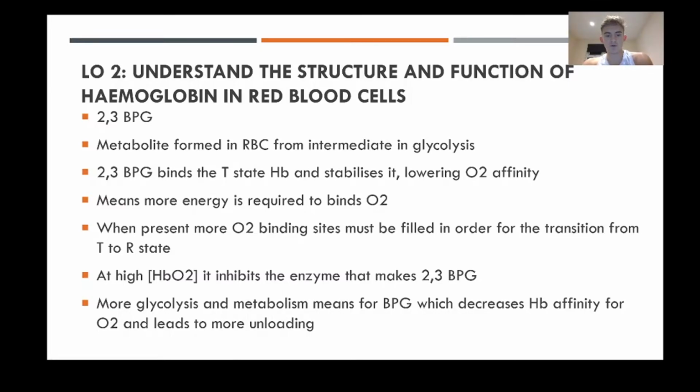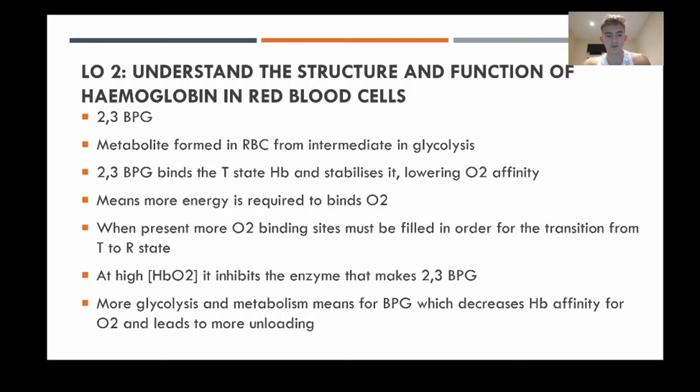When it's present, more oxygen binding sites must be filled for the transition from the tense to the relaxed state to occur. At high oxygenated hemoglobin, it inhibits the enzyme that makes 2,3-BPG. And more glycolysis and metabolism means more BPG, which decreases hemoglobin affinity for O2 and leads to more unloading.